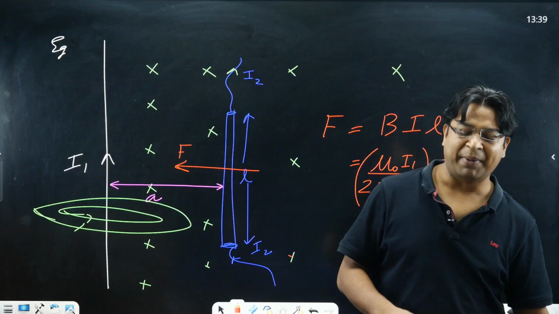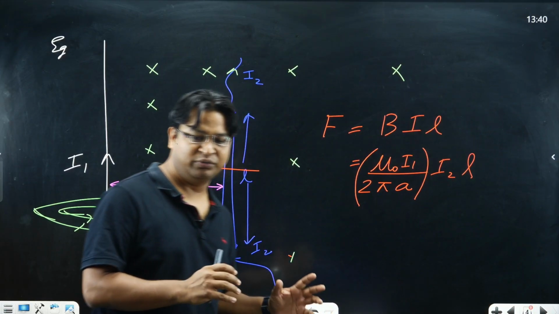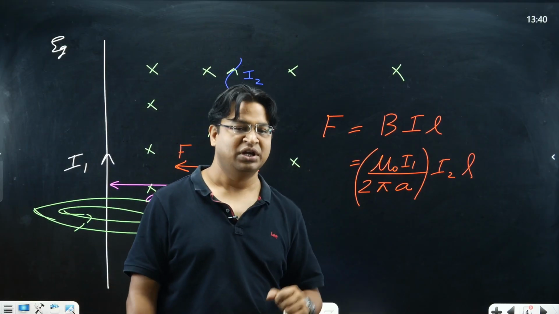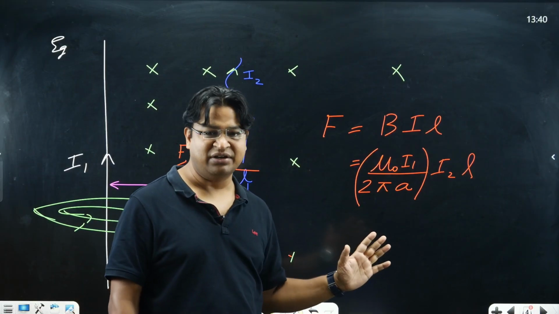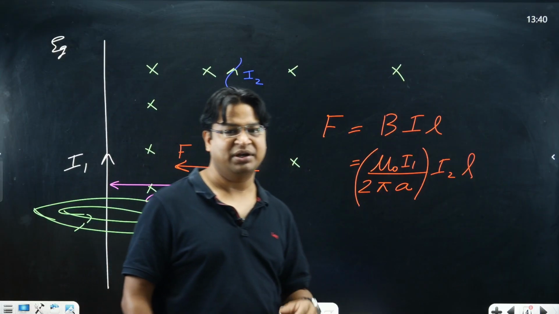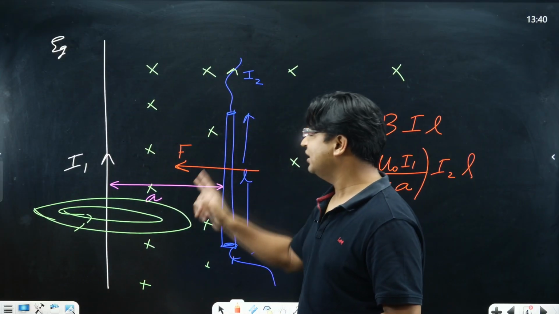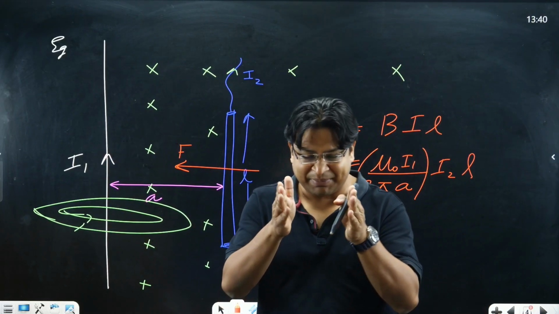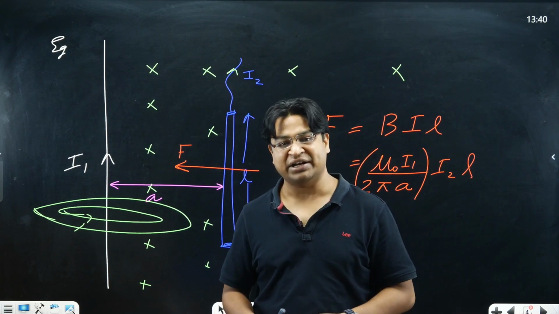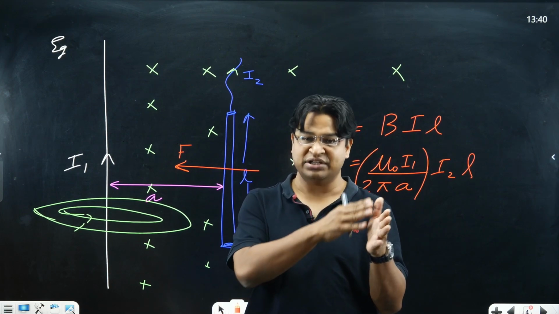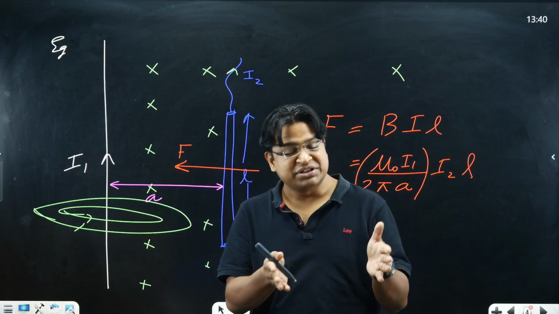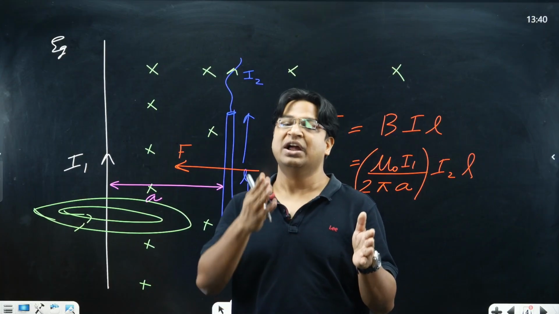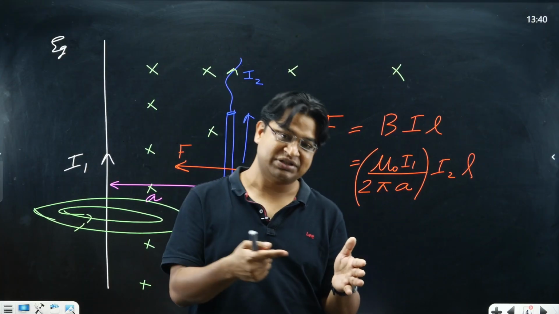Now apart from how we write this force, there are a few other points that I want to highlight in this situation. The first thing we can remember from here is that parallel currents attract each other. Two wires in which the currents are parallel will attract each other. One wire is creating a magnetic field in which the other wire is kept, so the other wire will be influenced by this magnetic field and it will experience a force towards the first wire.